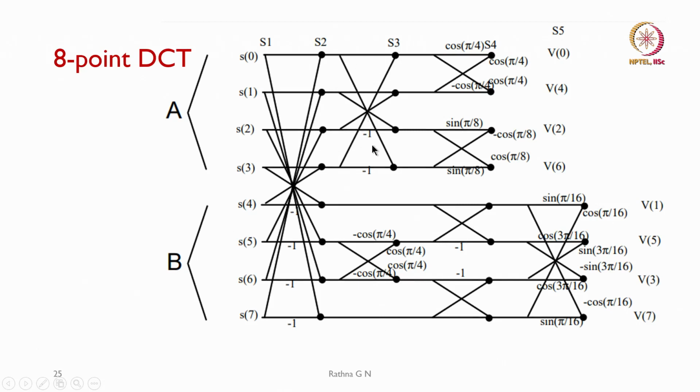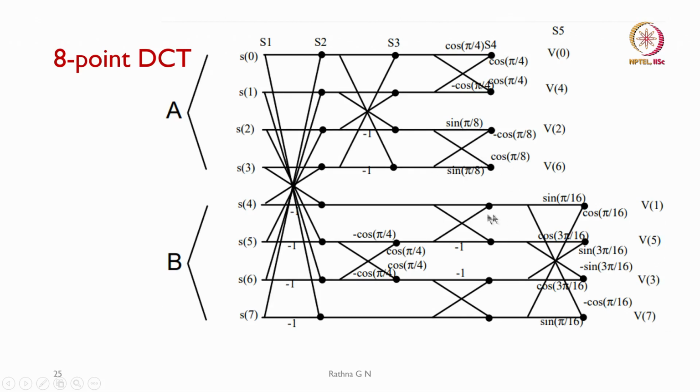I want you to work it out so that the output is going to be V0, V4, V2, V6. So, the input is in order, and the output is in bit reversal format. On the odd side you will see V1, V5, V3 and V7, and these are the sine and cos functions.